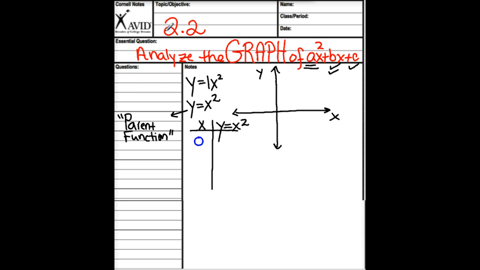My y value that goes with 0 would be 0 squared, which is 0 times 0. So this point, when I put in a 0 and a 0 comes out, is on my graph. And 0, 0 is dead center, the origin. Let's go put some tick marks on our graph while we're at it.